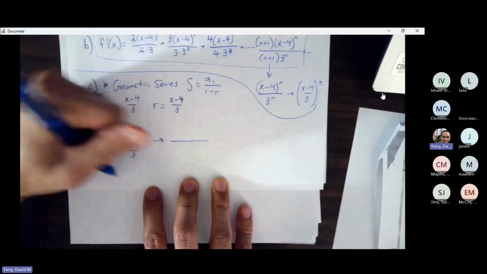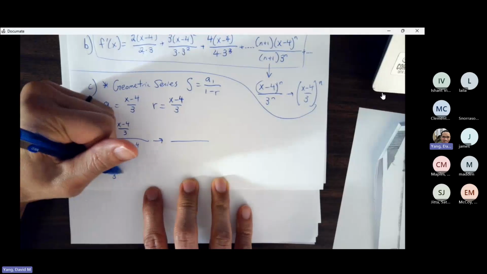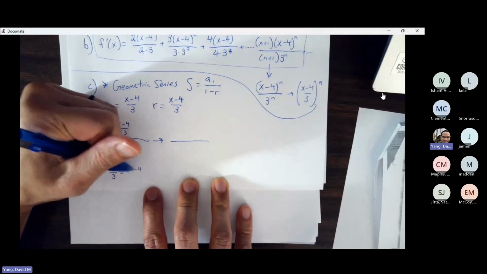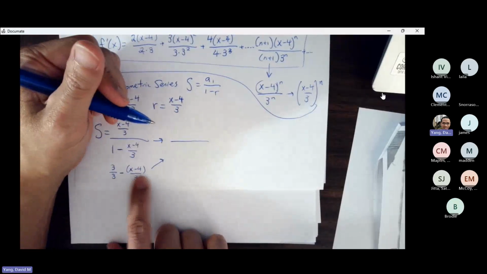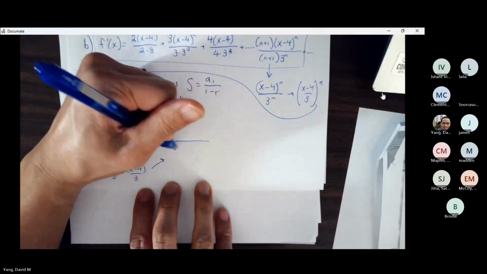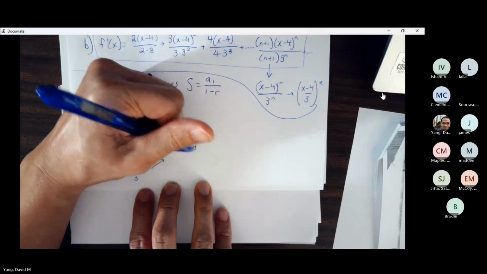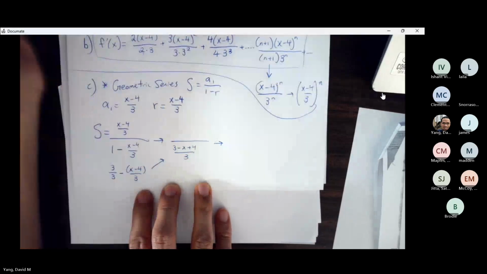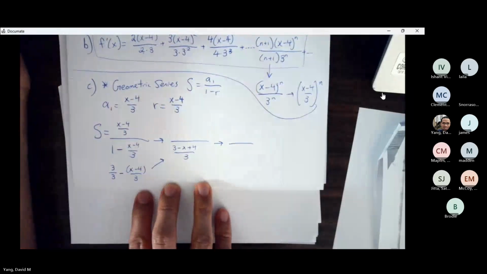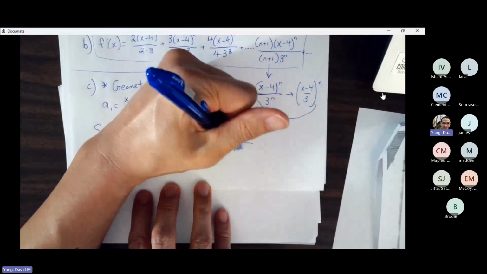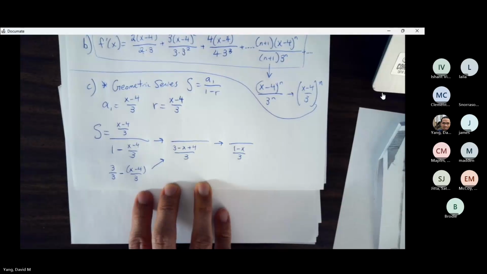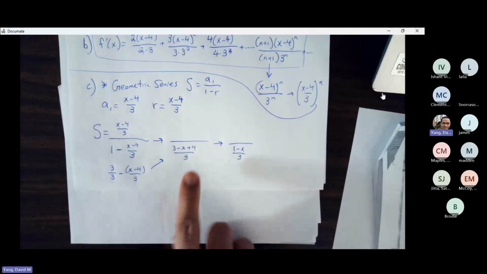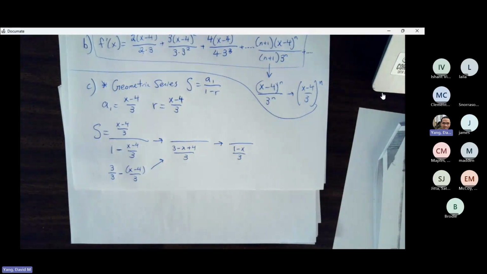This is the same thing as 3 over 3 minus x minus 4 over 3. If I clean that up, 3 minus x plus 4. Oops, sorry, my bad: 3 plus 4 is 7, so 7 minus x, over 3.